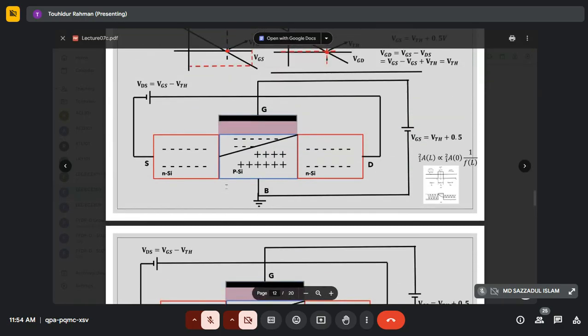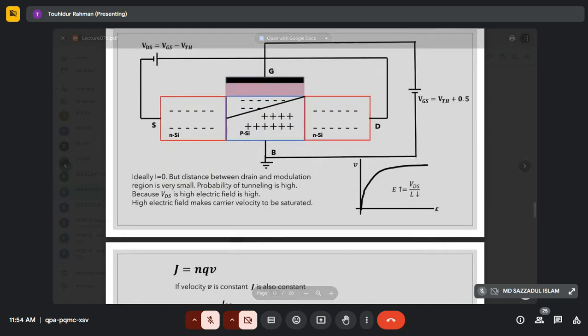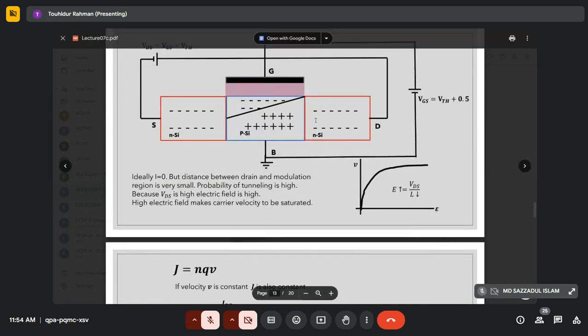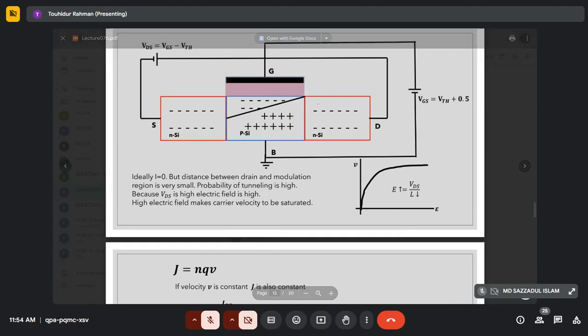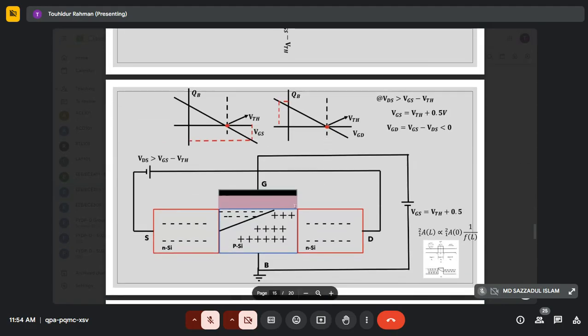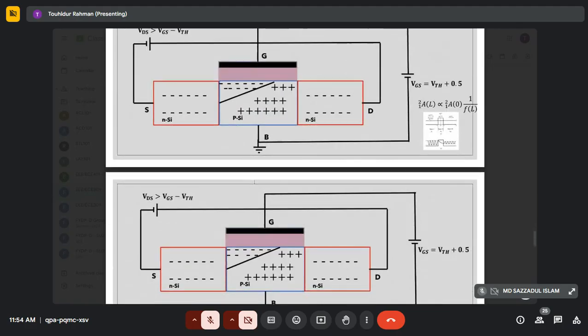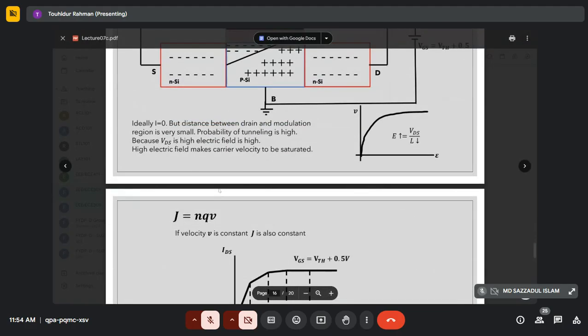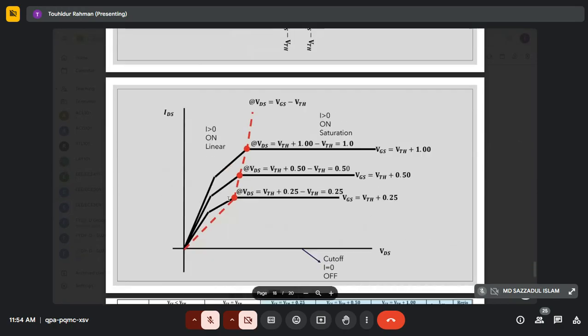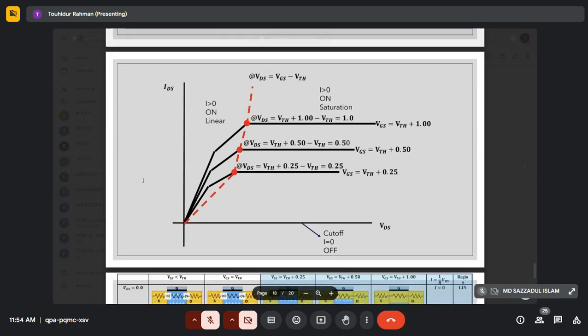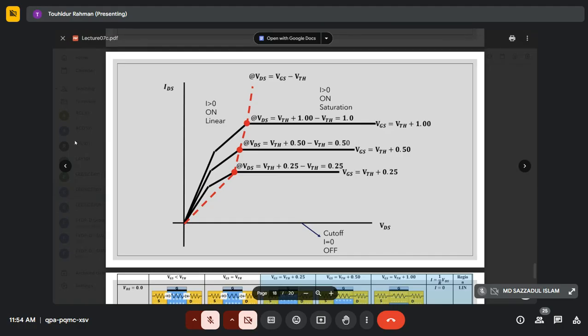Even if it is in saturation, why does the current become saturated, and how will the current flow? Although the charge is discontinuous, how will the current flow, and why will the current become constant? All right, this is also an important slide. Remember, this point is very important.